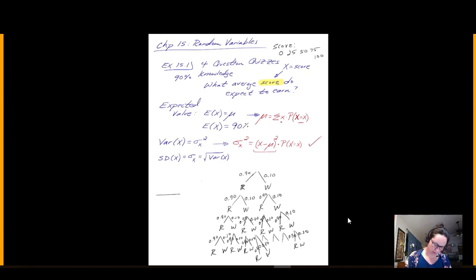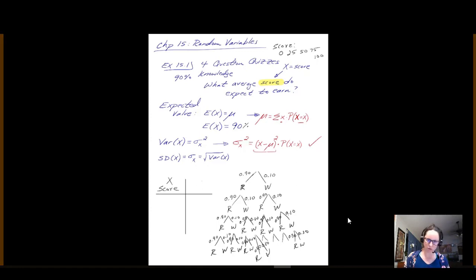And this right here is going to be my random variable, score. I'll put an X over that since that's the notation that we've used, right? And the outcomes for score, we already said, those include 0, 25, 50, 75, 100. Okay? And then the probability.